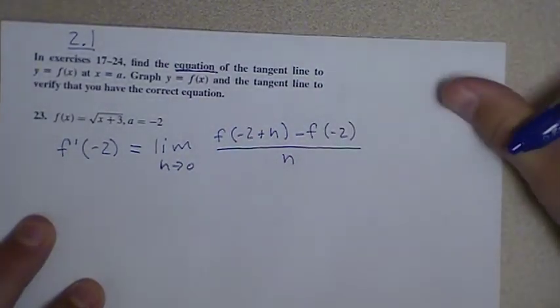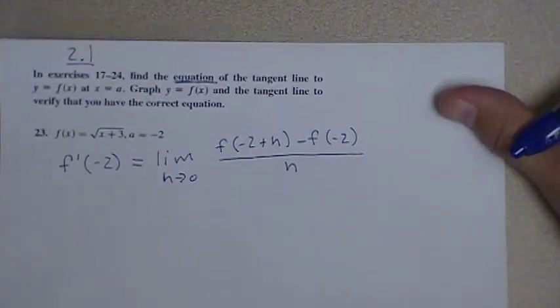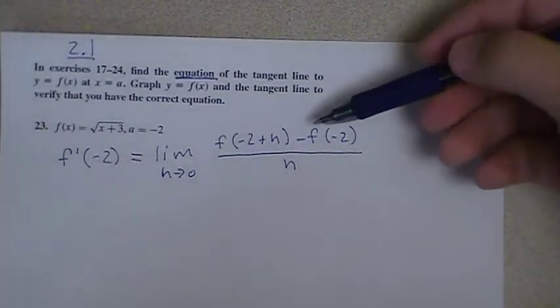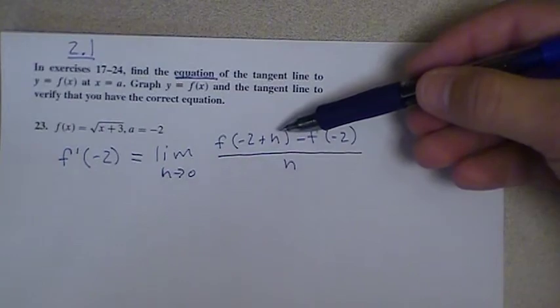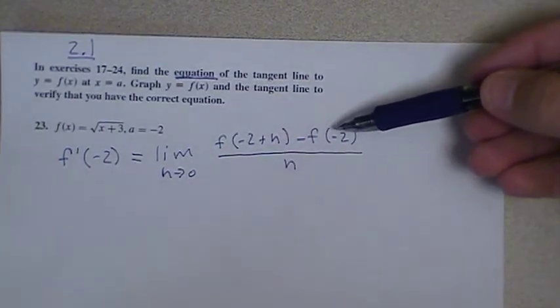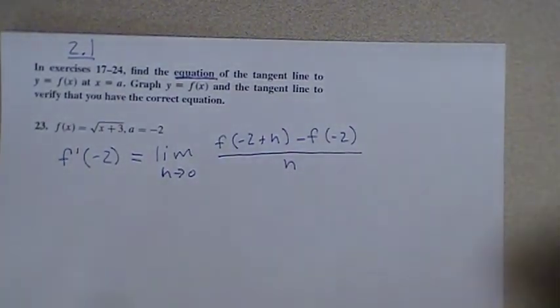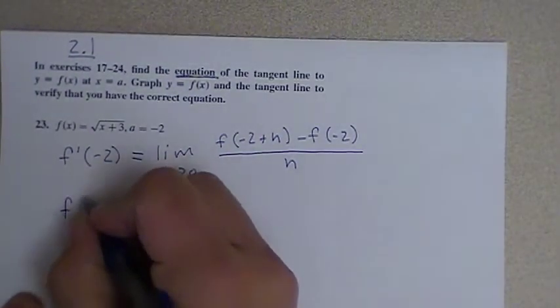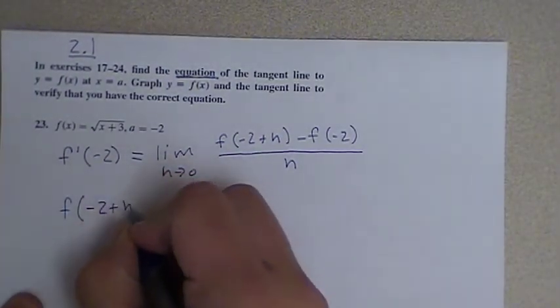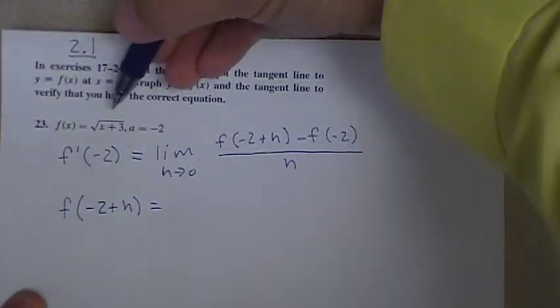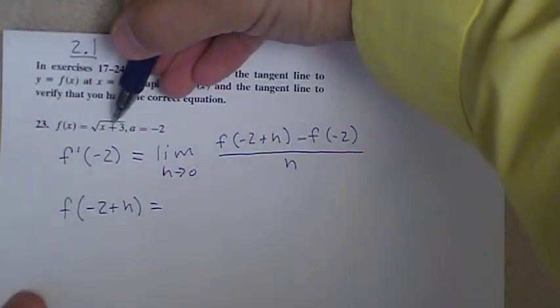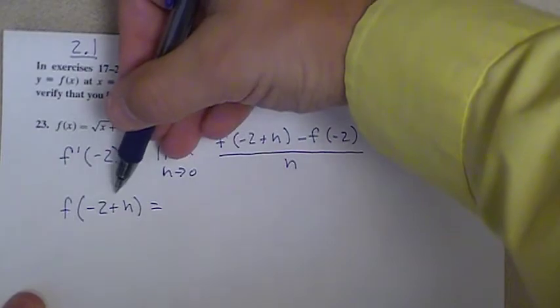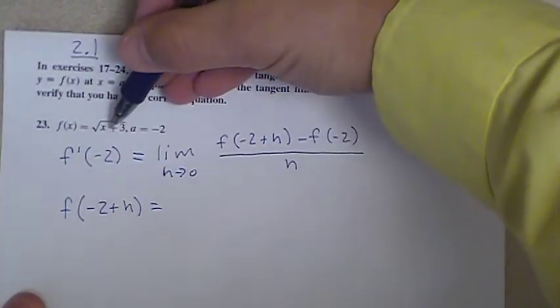Before I try to evaluate a limit, I want to compute the first component of the numerator and the second component of the numerator before I get too wrapped up within the fraction and within the limit. So I'm going to compute f of -2 plus h first, and here's my function f. If I want to know f of -2 plus h, I just need to put -2 plus h in place of that x.